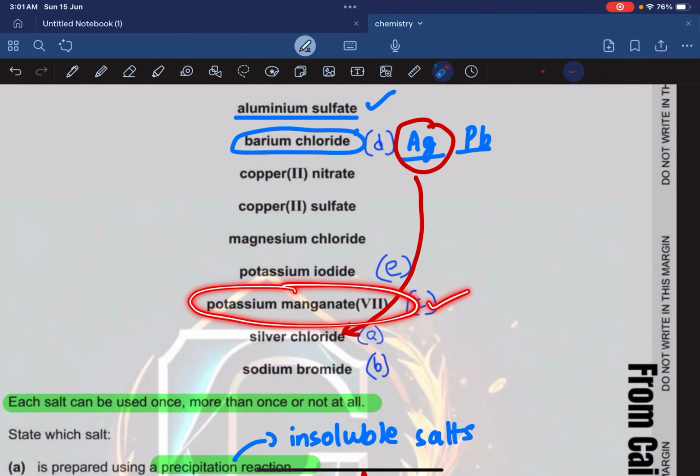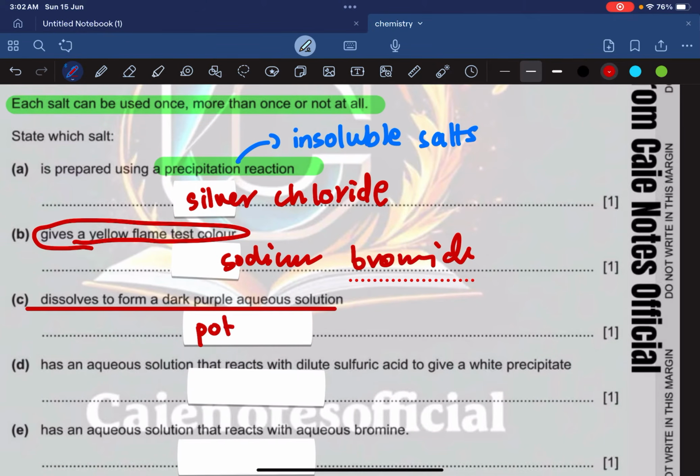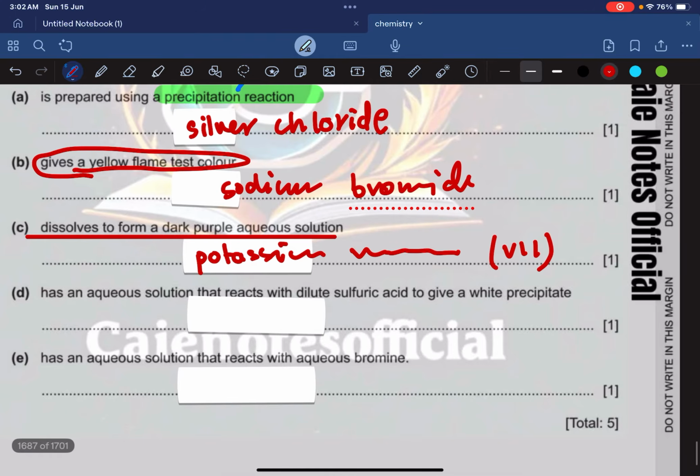It is also used to test for reducing agents, and when it's put in a reducing agent, it changes color from purple to colorless. So this is what we know distinctly for the purple color. So it's going to be potassium manganate VII.